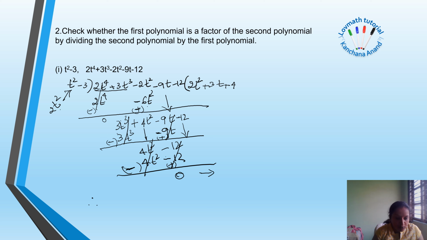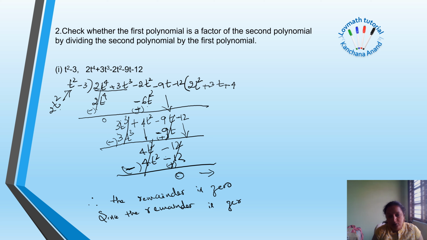Therefore, the remainder is 0. Since the remainder is 0, the first polynomial is a factor of second polynomial.